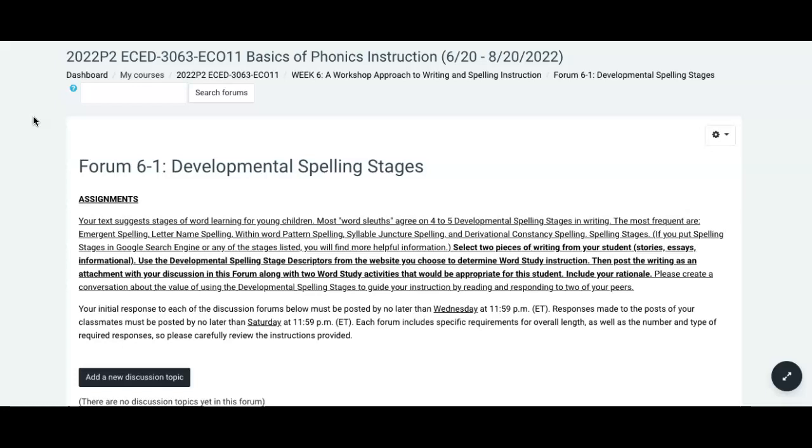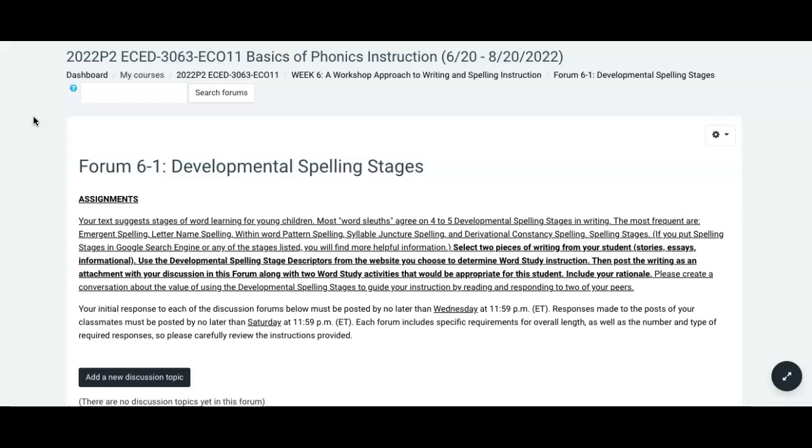You're then going to post the 2 writing samples along with 2 word study activities that you would do with your student and the rationale for doing them. If you have questions, please ask.